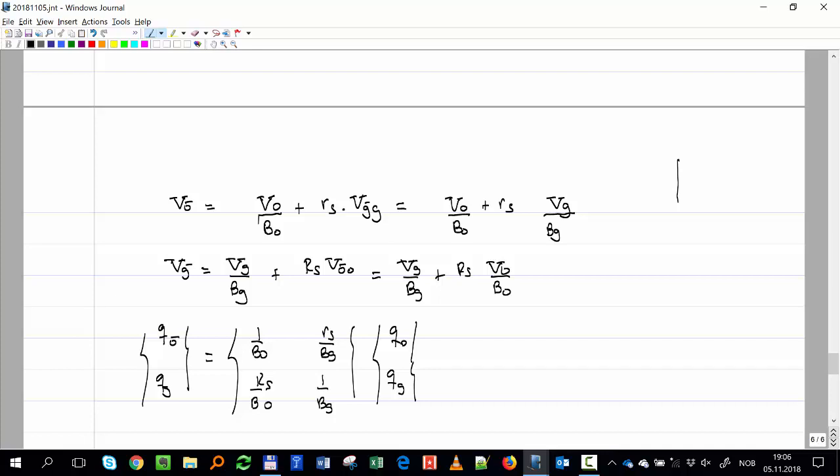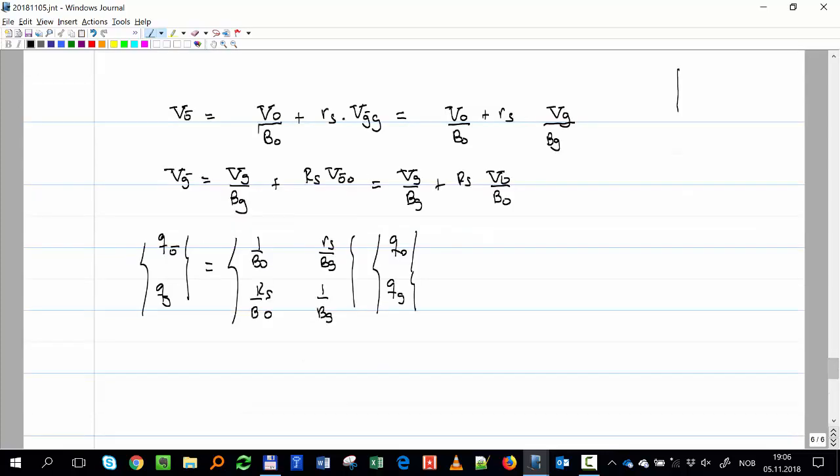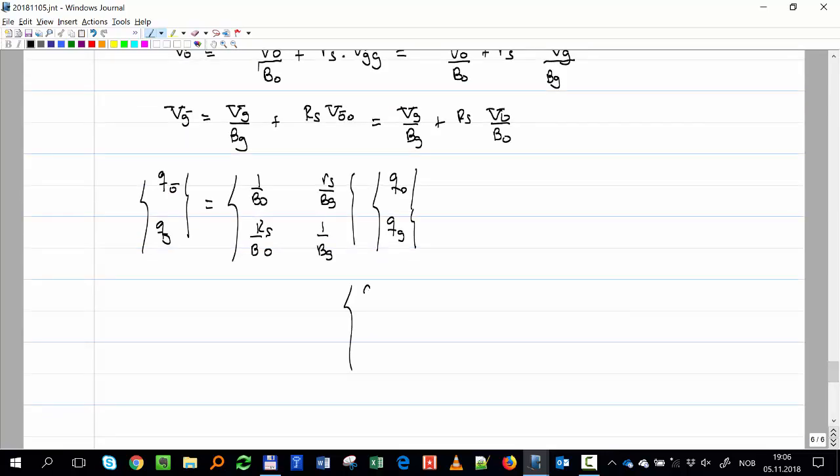Okay, and you can find the inversion of the matrix that gives you QO, QG. So let's see, have to be careful here, BO over 1 minus RS times RS. This is Q oil.